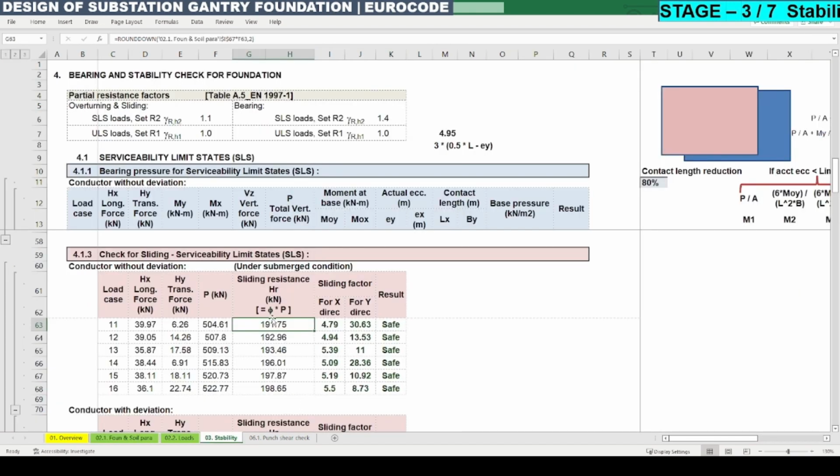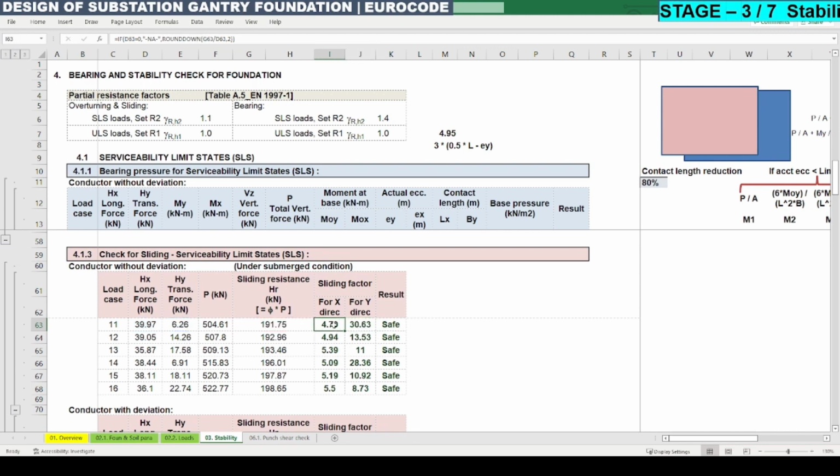So that 0.38 multiplied with the vertical load P gives the sliding resistance, that is HR, in kilonewtons. Now again this sliding resistance is divided by the actual applied horizontal forces, that is Hx in the longitudinal direction and Hy in the transverse direction.